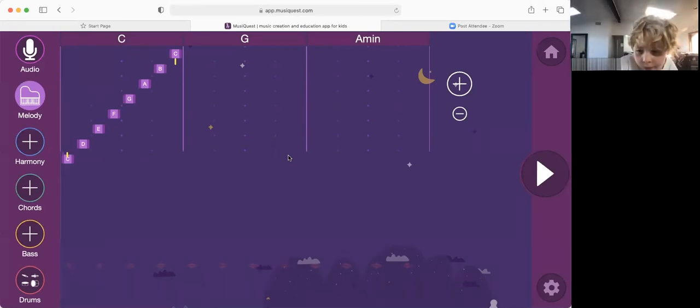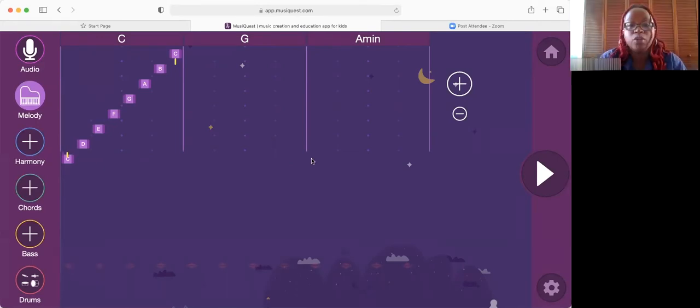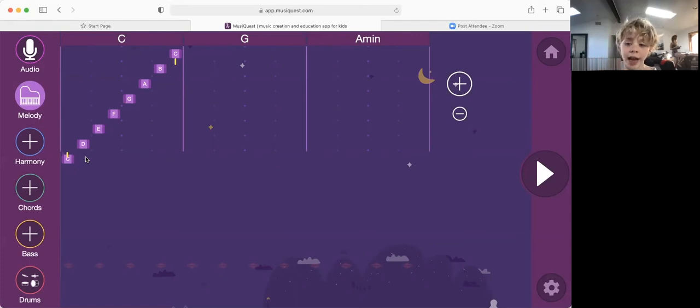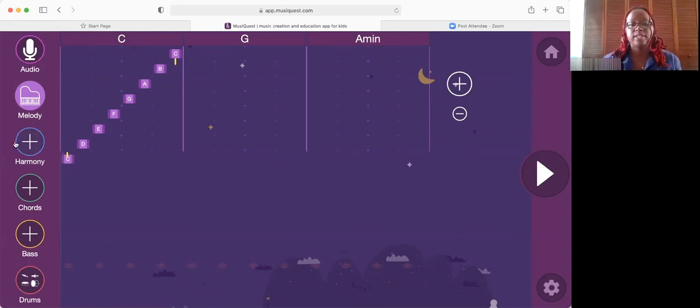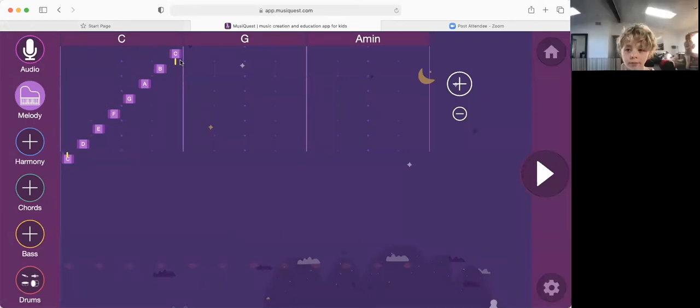Understand? What you actually created just there is a scale, and that is called the C major scale. So it's a C major scale? Yes, it's a C major scale because it starts on a C and it ends on a C. Got it? All right, awesome.